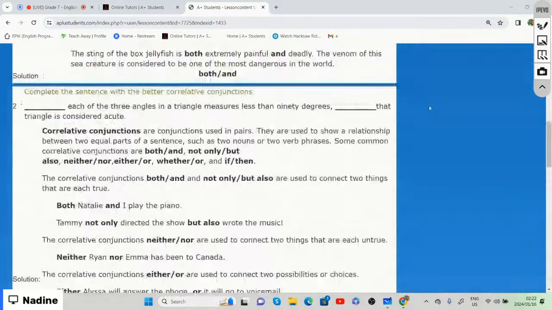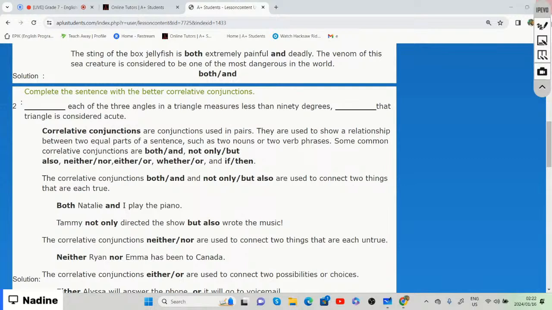All right, so if we look at the next one, it says each of the three angles in a triangle measures less than 90 degrees. That triangle is considered acute. So we need to choose the correlative conjunction.